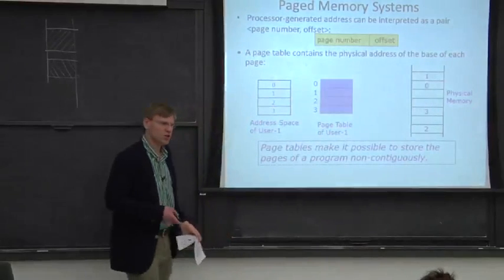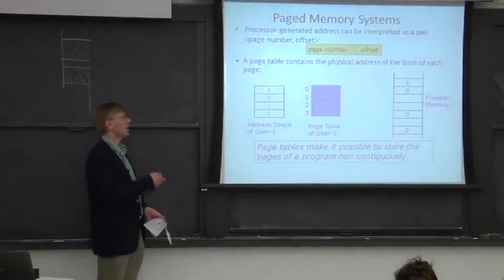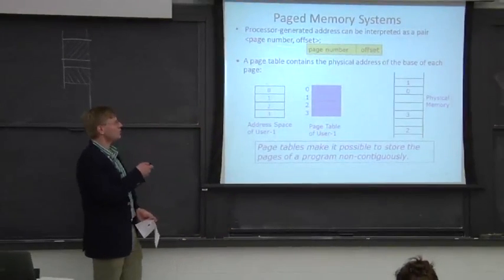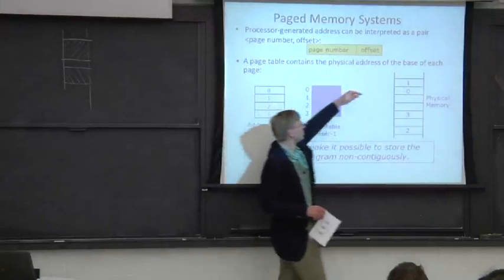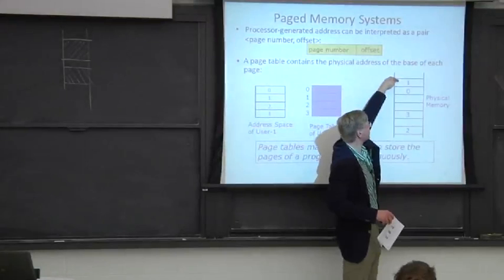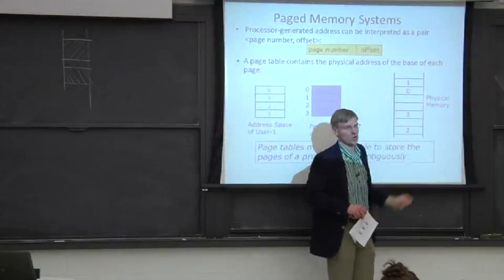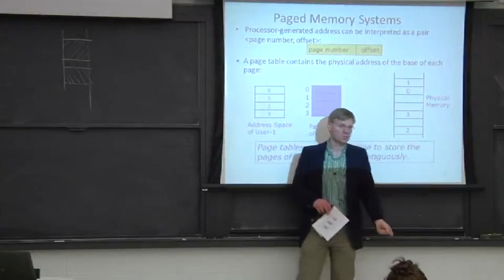And just to introduce some nomenclature, if you take a processor-generated address or a virtual address and look at what is actually inside there, there's a page number, which is which page to go look at. And then there's an offset, which is the low-order bits of the address. The offset says where inside of this physical page to go find the exact byte we're looking for.